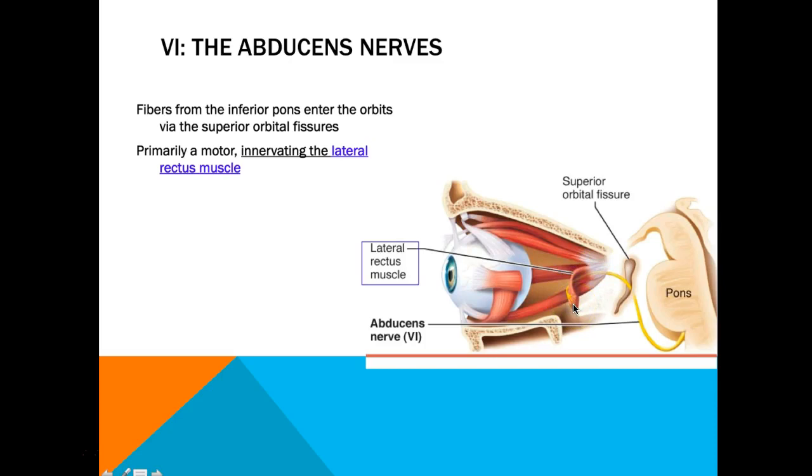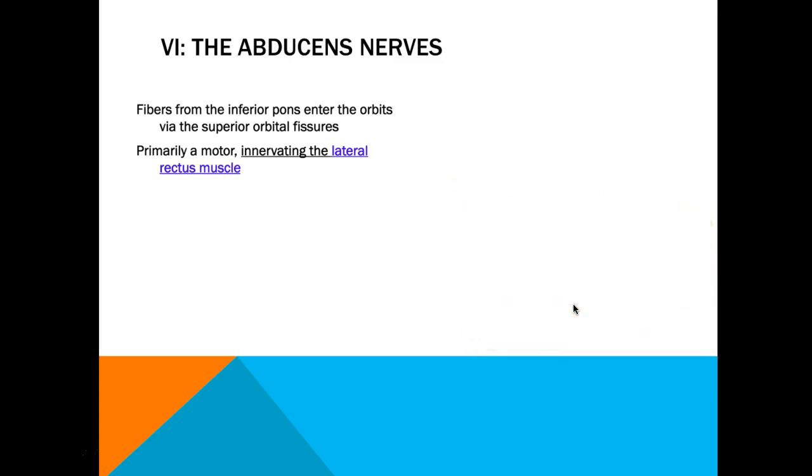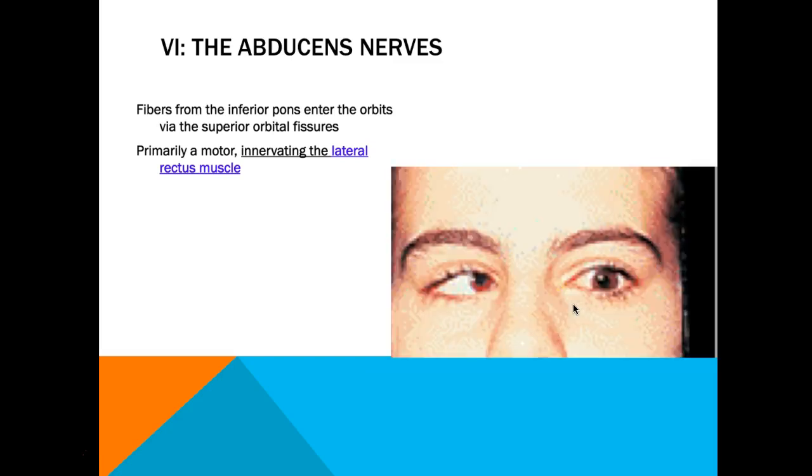This muscle will help to abduct or laterally move the eyeball. And so we have primarily motor fibers helping us do this, to innervate this lateral rectus muscle. If this nerve were to be lesioned, then the eyeball would be adducted or medially rotated.